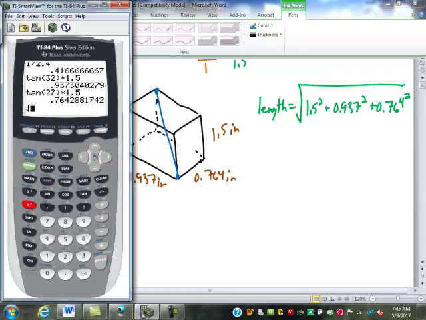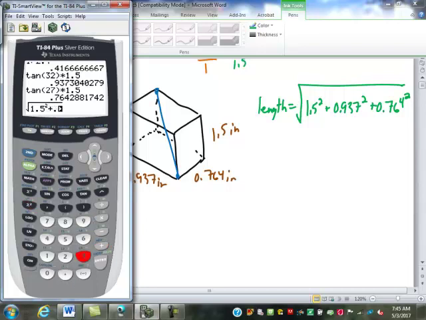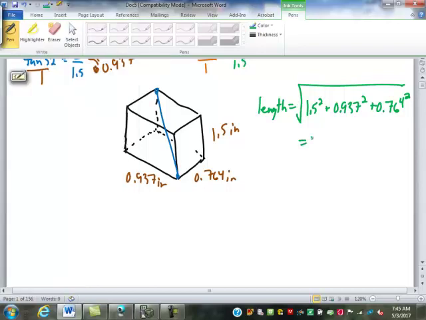So square root, 1.5 squared plus 0.937 squared plus 0.764 squared. 1.927 inches.